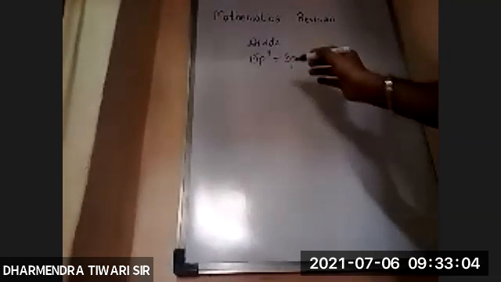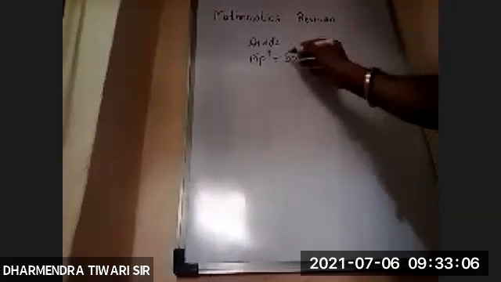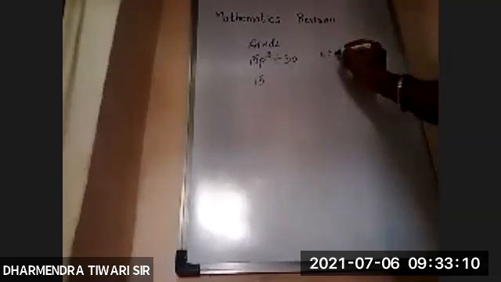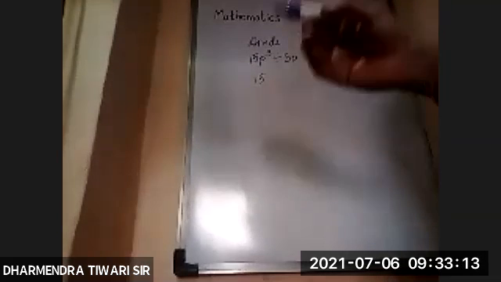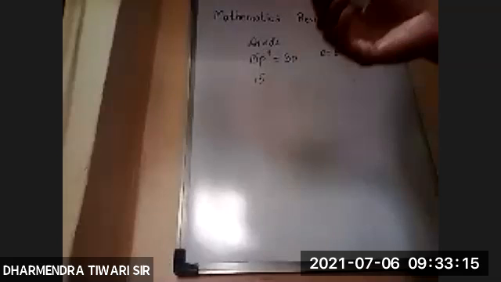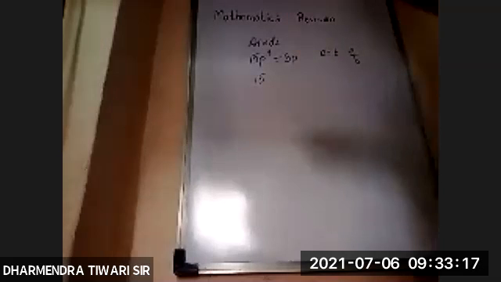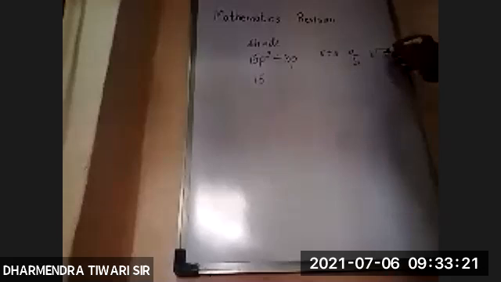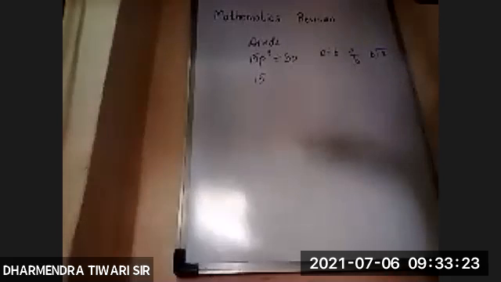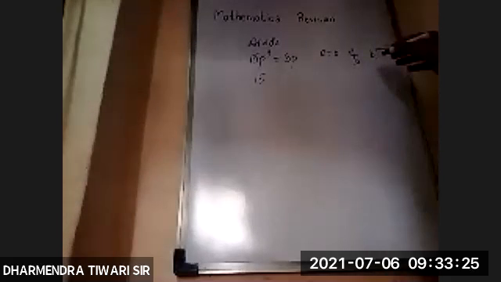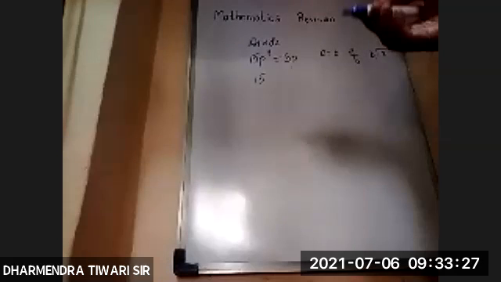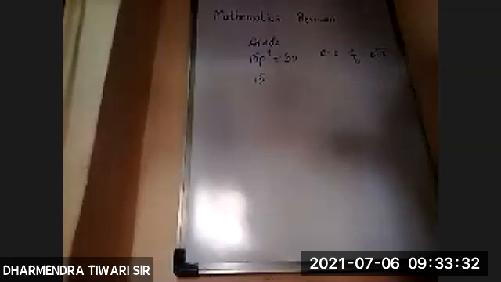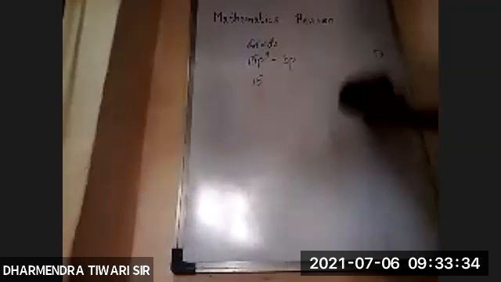So how to divide this? We know that a divided by b can be written as a by b. So here we are having 15p cube divided by 3p. Or else we can write this as b dividing a. I will show you both the methods, and from both the methods we are getting the same answer.